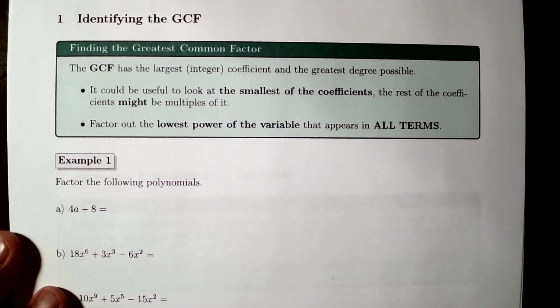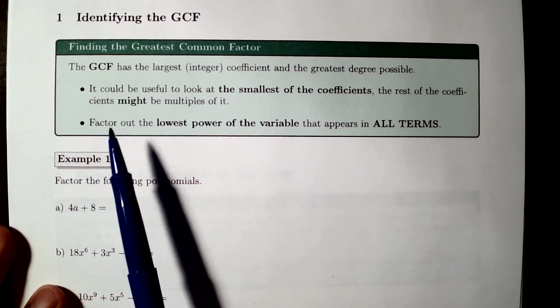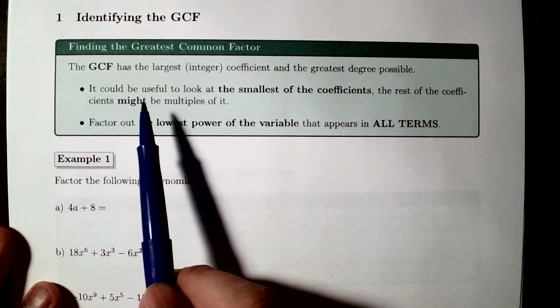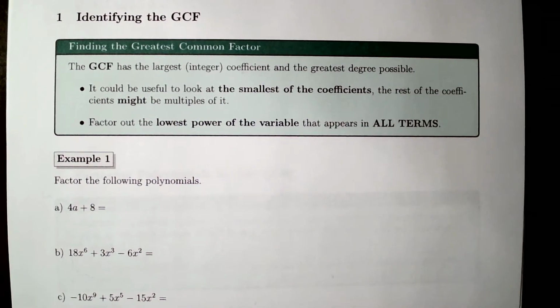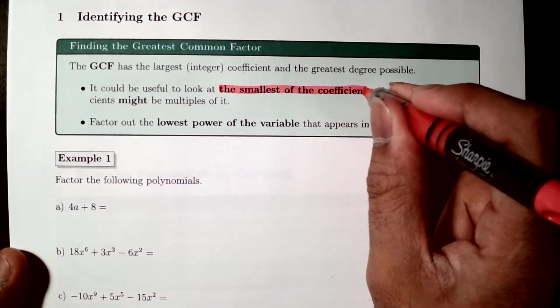So finding the greatest common factor involves basically two steps, if you will. When it comes to looking at the coefficients, it always helps to look at the smallest of the coefficients.